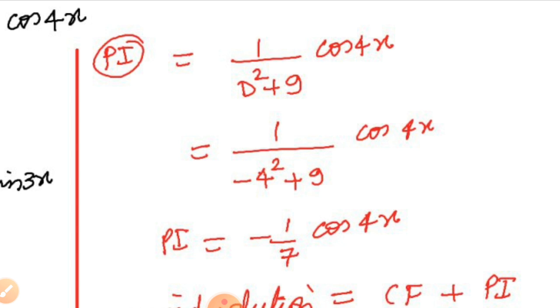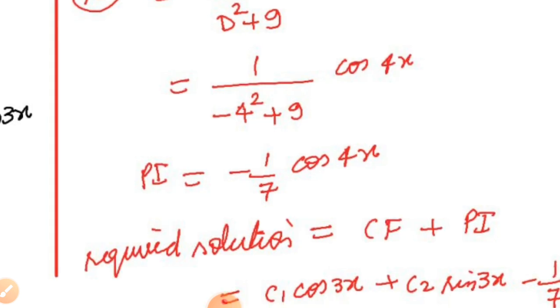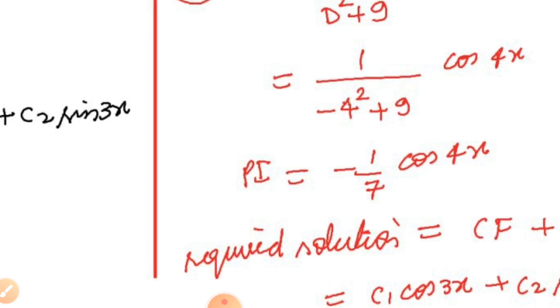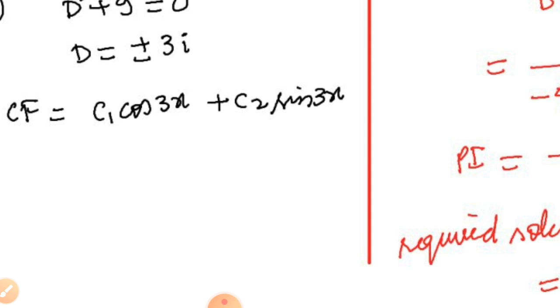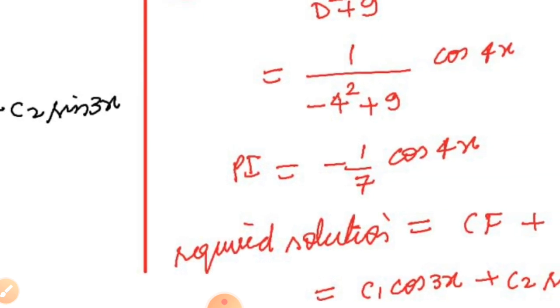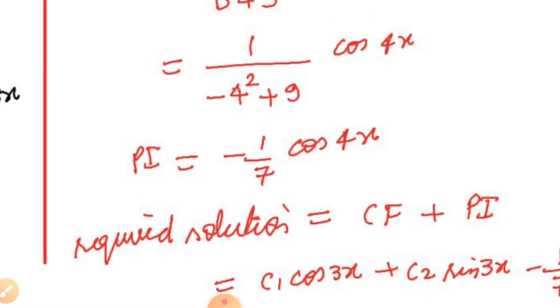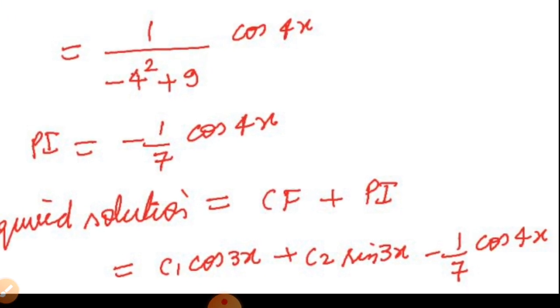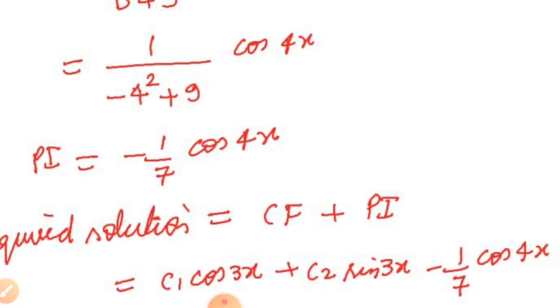As minus 4 square plus 9 is not 0, the solution is easily obtained as particular integral equals minus 1 by 7 cos 4x. To find the overall solution, we will add the complementary function c1 cos 3x plus c2 sin 3x and the particular integral minus 1 by 7 cos 4x. So the general solution of this differential equation will be c1 cos 3x plus c2 sin 3x minus 1 by 7 cos 4x.